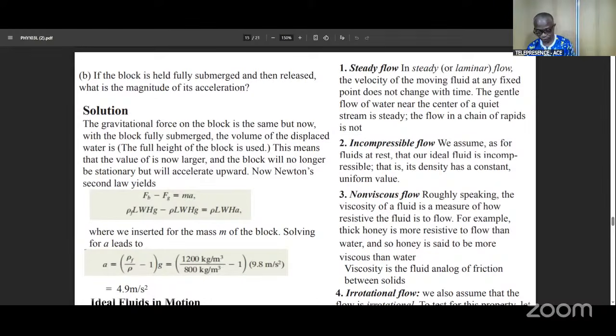For an ideal fluid, the density has a constant uniform value. In the steady flow, we are talking of the velocity being constant. That's a summary. Incompressible flow, we are saying the density is constant and has a uniform value.